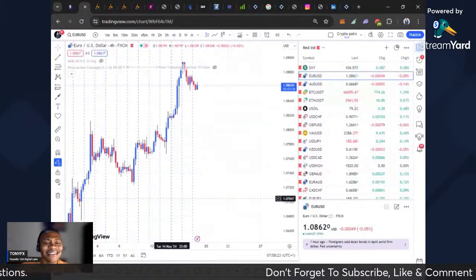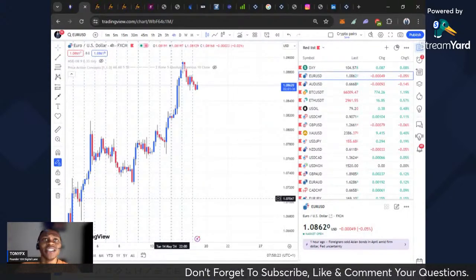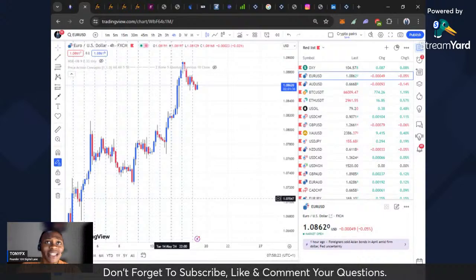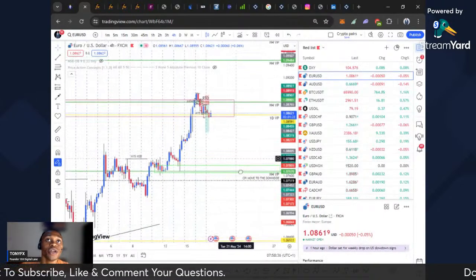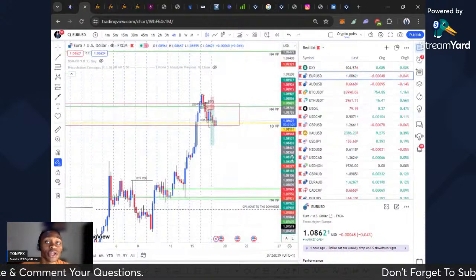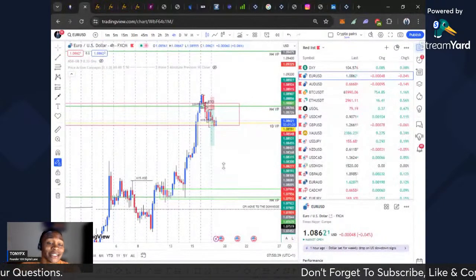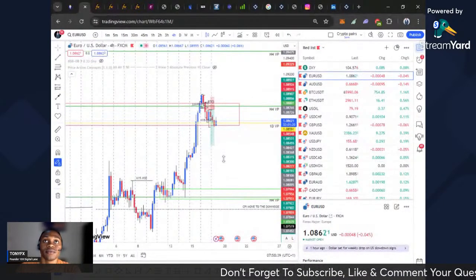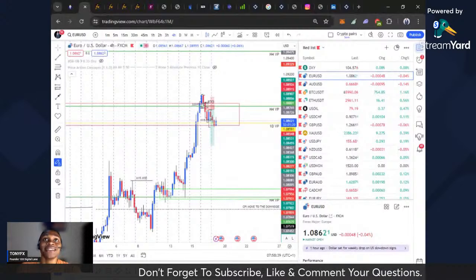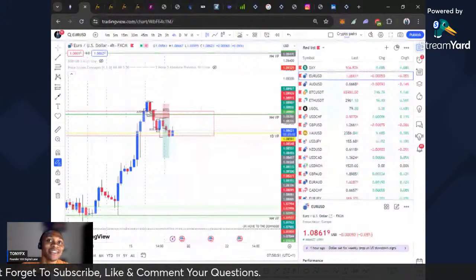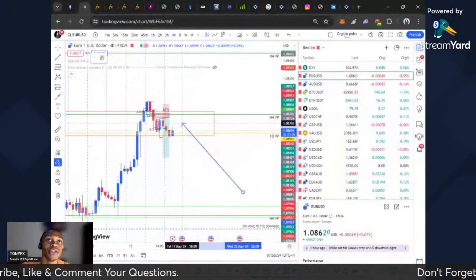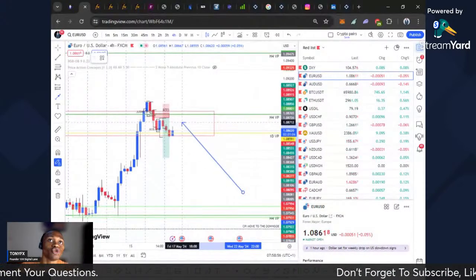In that case, if dollar is gaining strength and traction, euro against dollar is 80% correlated. If DXY is pushing to the downside, euro USD will be pushing to the downside as well. So now I'm anticipating a sell on euro USD because I saw on DXY it has a long way to go from that support level.